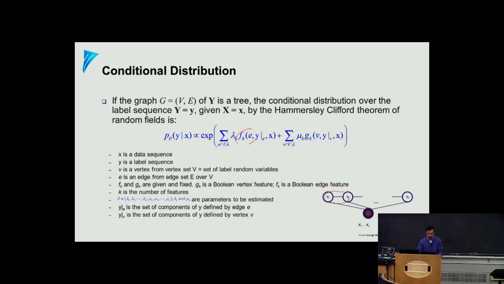For example, if you want to do spelling checking, in your keyboard, if you see N and G together, I think that's probably a very likely pair to happen, right? But if you see an N and a Z together, the chance for the word to be misspelled is bigger, right? That's the kind of thing that you can capture in a conditional random field.